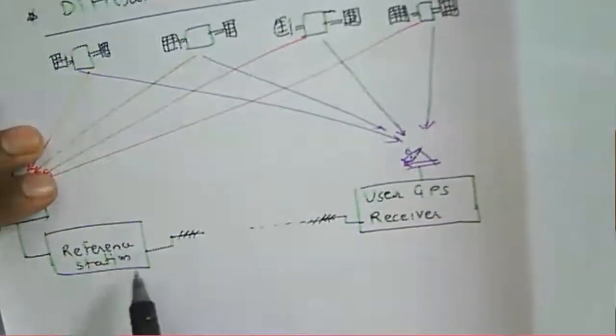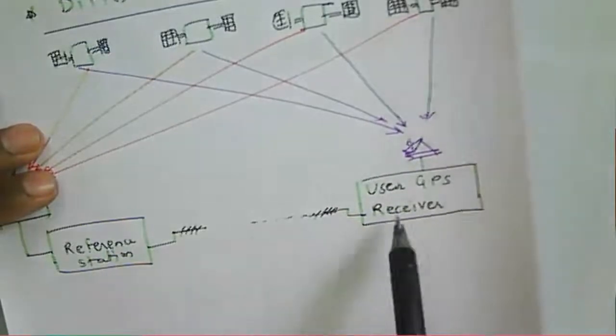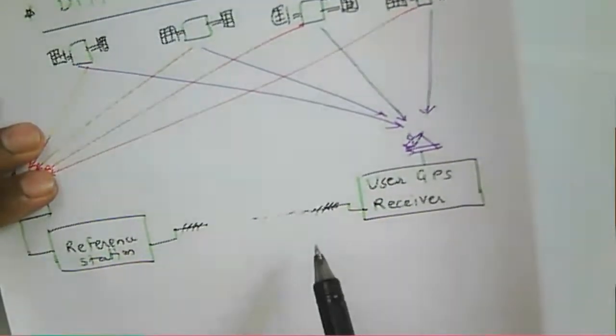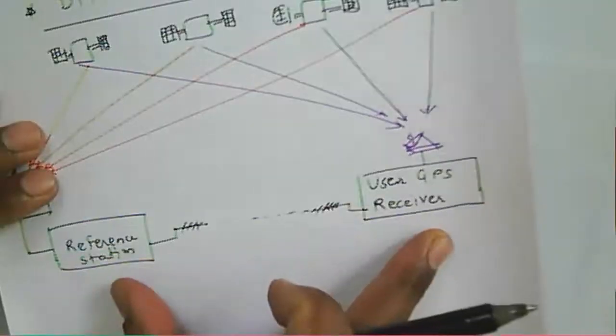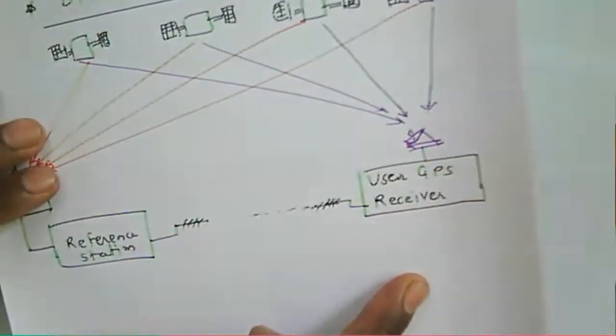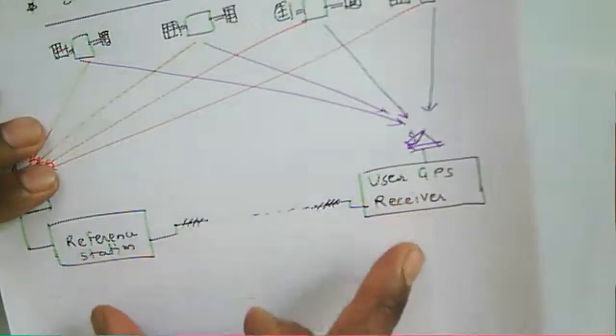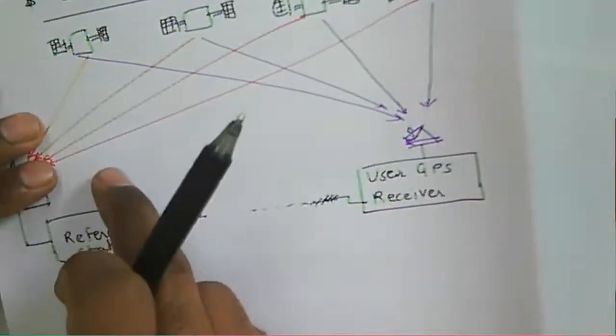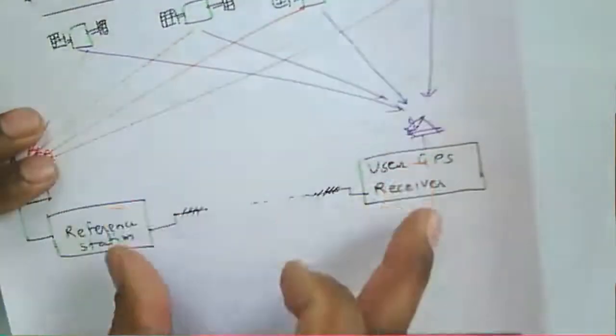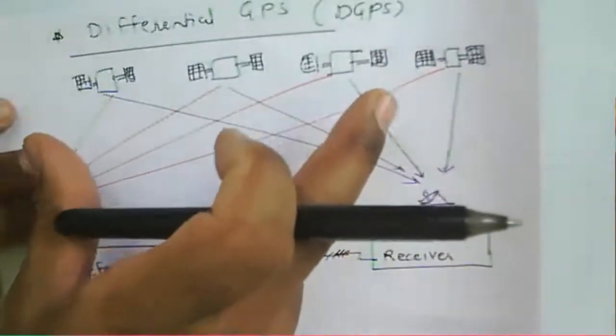So here we have the reference station and a GPS receiver. Both are receiving the signal from the same satellite, because the position of that receiver and that reference station is such that they get this information from the same satellite.